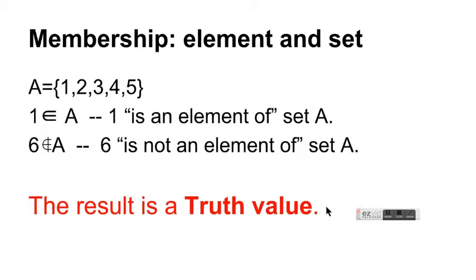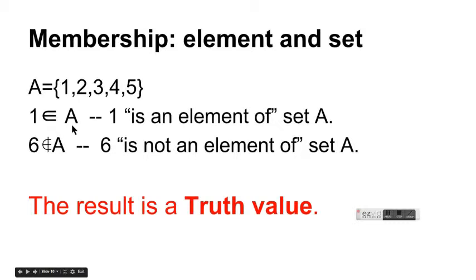First of all, let's talk about membership. Membership is a relationship between an element and a set. For example, if you have a set A and the members of which are 1 to 5, we use this same symbol to represent 1 is an element of.